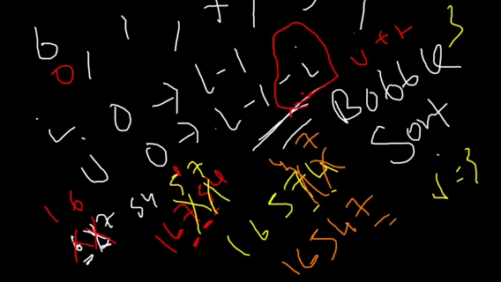Now let's see what happens, because now I becomes 1 and J goes to L minus 1 minus I. Since I is 1, it's L minus 2, and L is 5, so it goes till just 3.